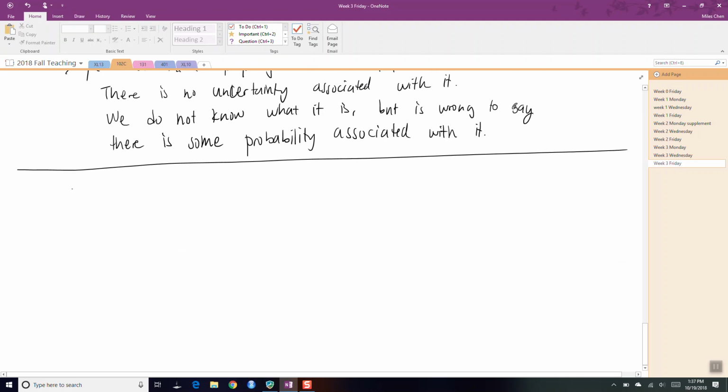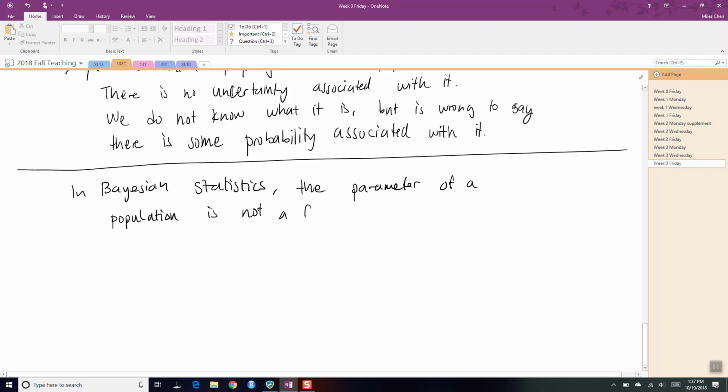In Bayesian statistics, the parameter of a population is not a fixed quantity.